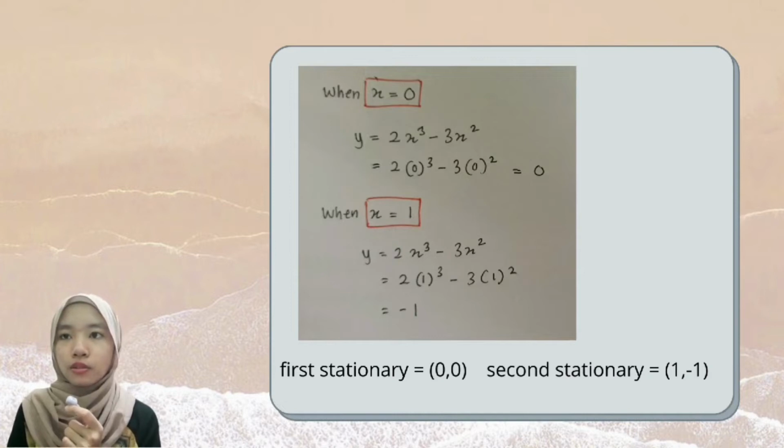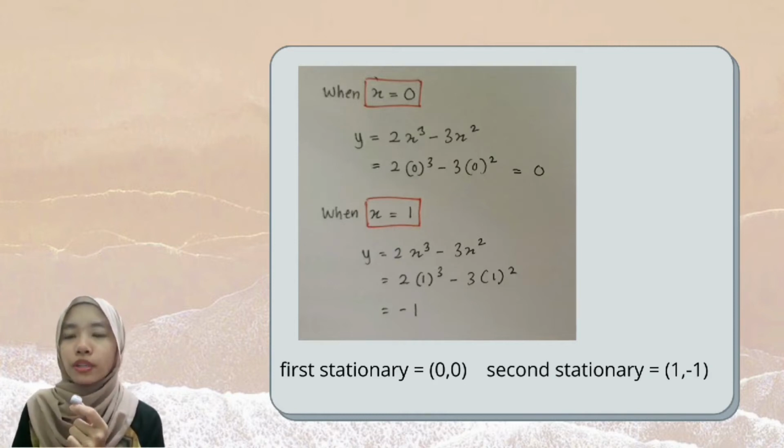The second function is 2 times 1 cubed minus 3 times 1 squared. So the first stationary point is x value 0, y value 0. The second stationary point is x value 1, y value negative 1.